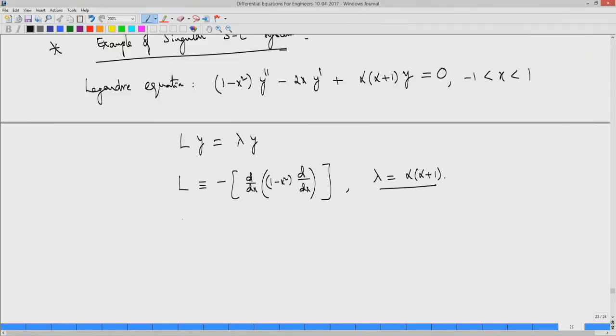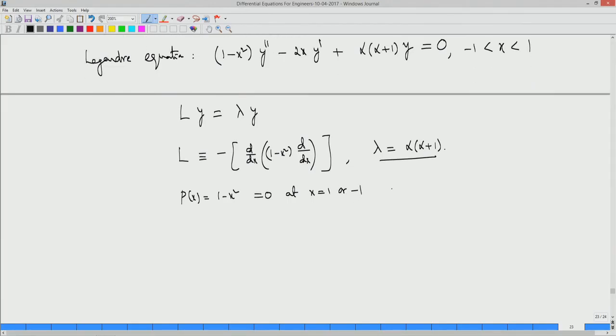What is P? P(x) is 1 minus x squared, which is actually 0 at x equal to 1 or minus 1. That means it is a singular self-adjoint equation, a singular Sturm-Liouville type of equation.